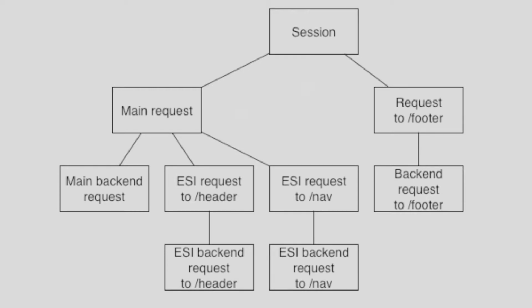The header and the navigation in turn do a backend request for their resource. And then finally, the footer just has to trigger a backend request to retrieve footer information. I hope that makes it a lot clearer. So you see that there's a hierarchy between these requests and their links. Thanks to the Begin tag, you can see what it depends on, and thanks to the Link tag, you can see what it triggers next.